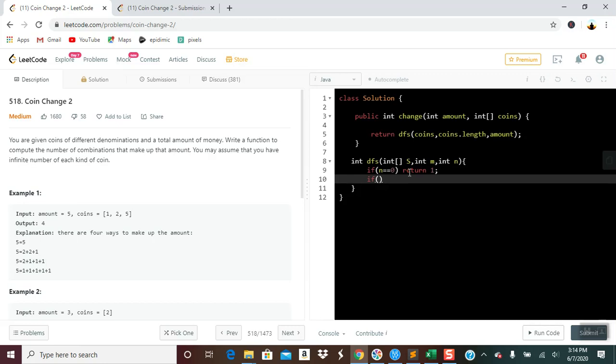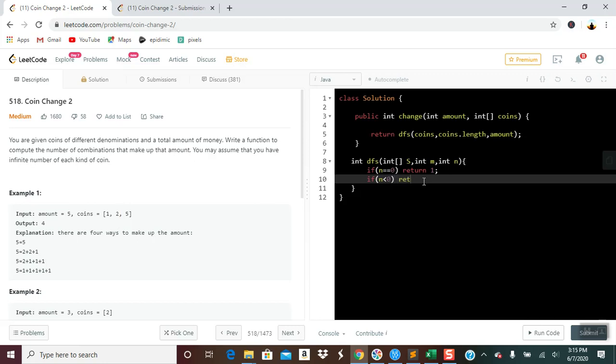That is one condition. And if n is less than 0, which means, let's say you pick amount 5 and you subtract 5, which is 0, and again if you subtract 2, which is minus 2, that condition I'm checking.